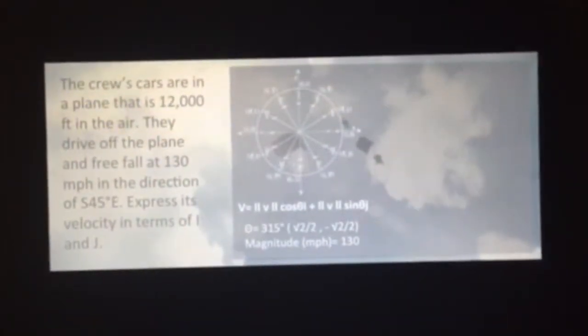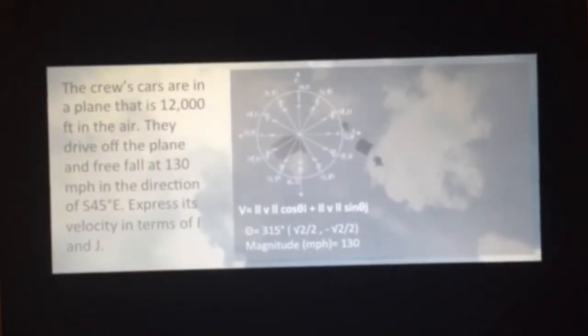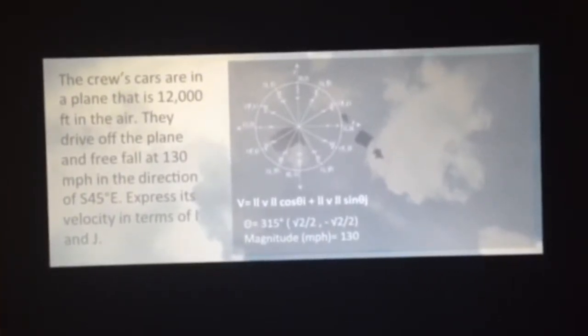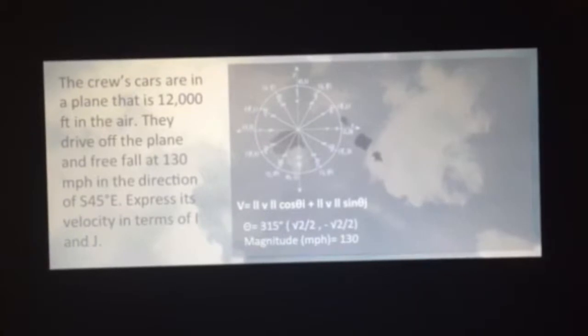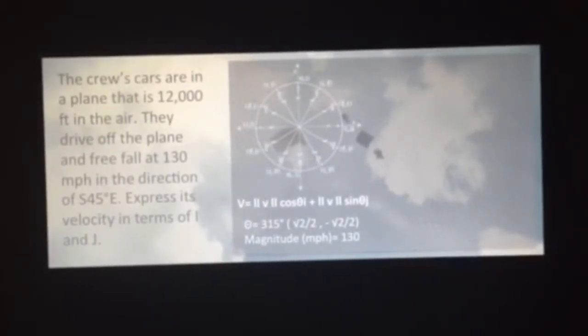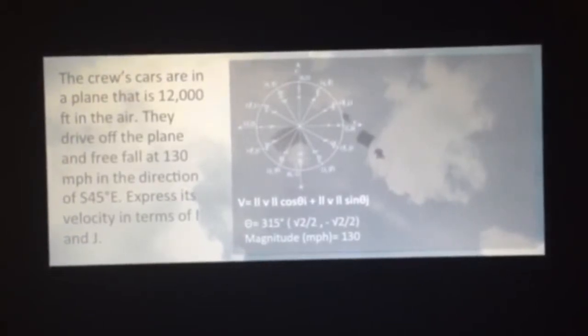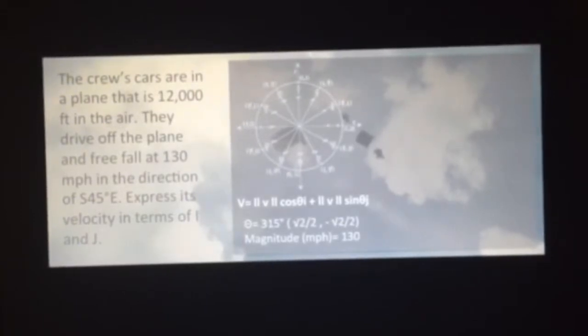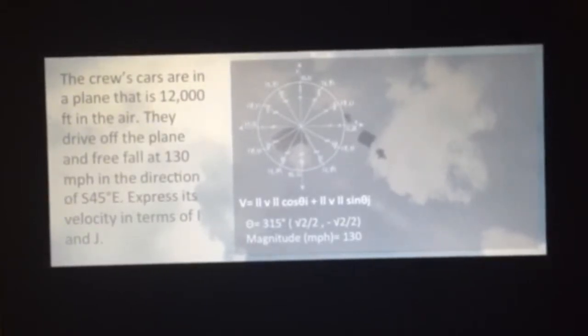With the unit circle and the equation v equals vector cosine theta i plus vector sine theta j, we were able to find 45 degrees east on the unit circle, which equals 315 degrees. The x and y values are square root 2 over 2 and negative square root 2 over 2. The magnitude is 130 miles per hour.